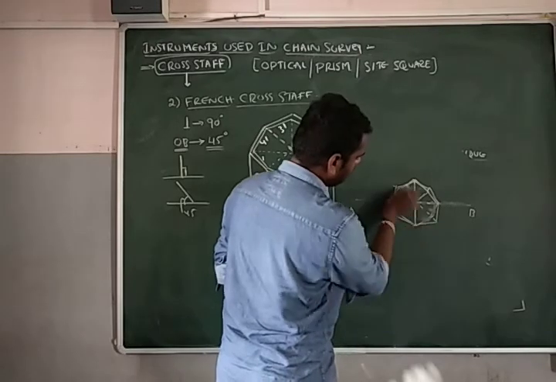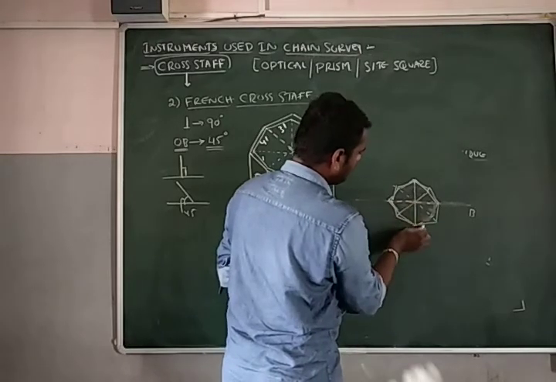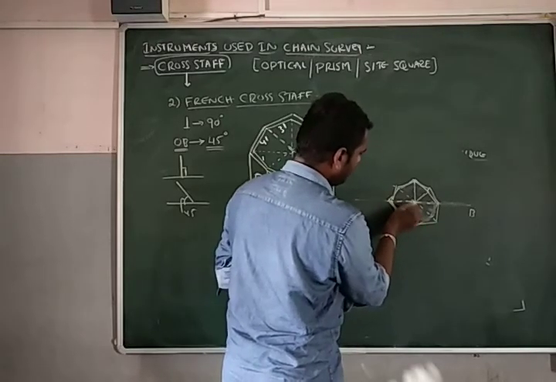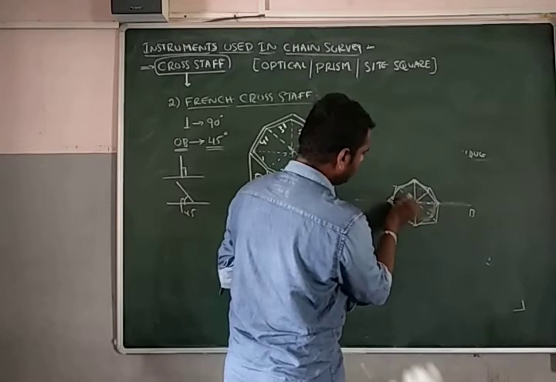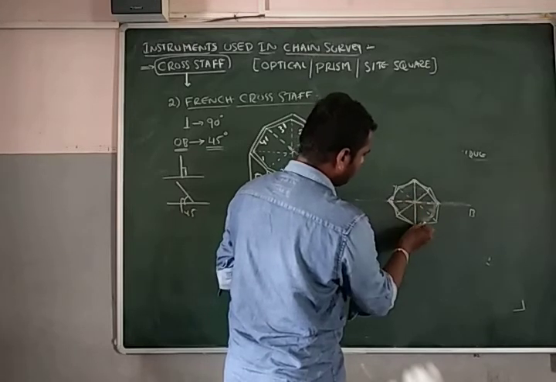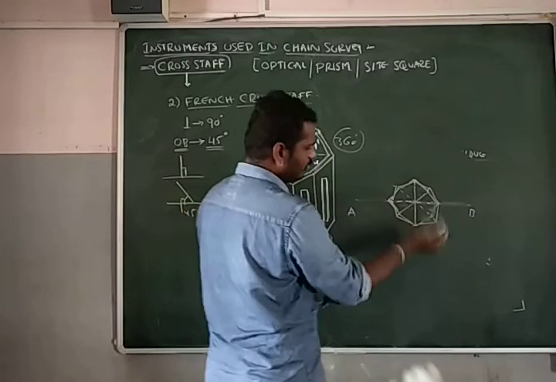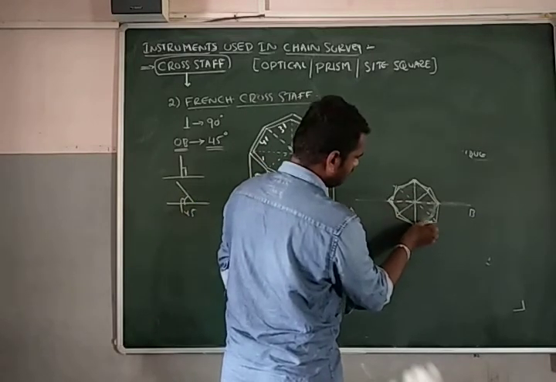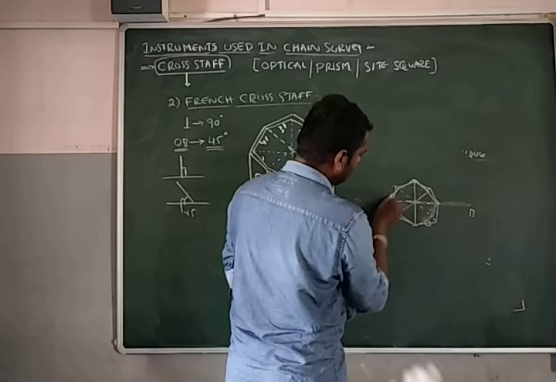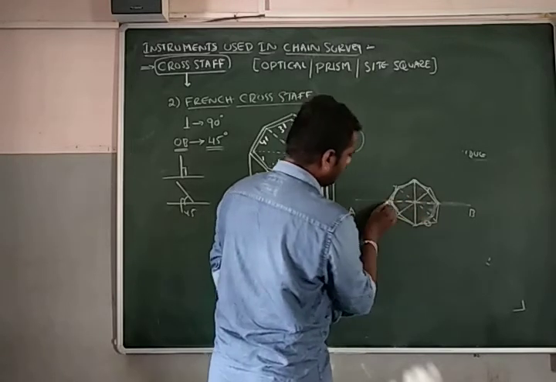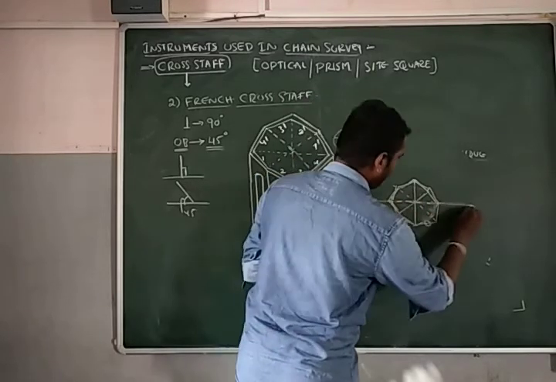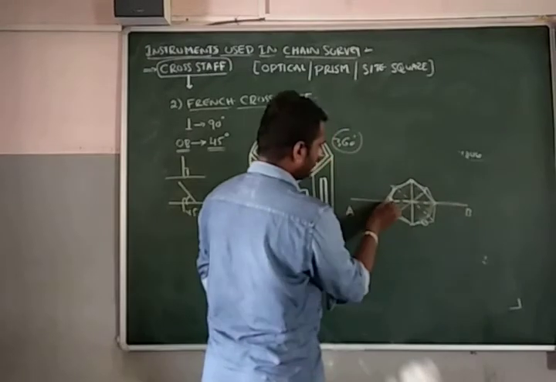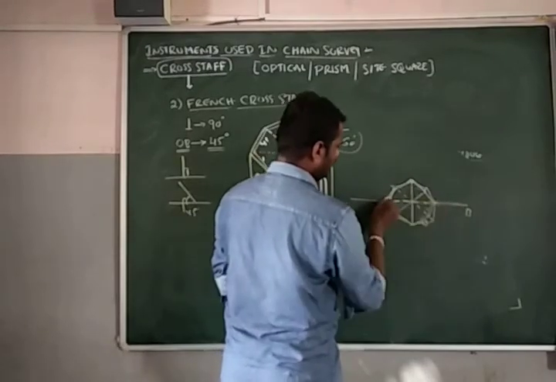So these two are perpendicular to each other. Therefore, whenever you want to erect a perpendicular, you can erect a perpendicular, but whenever you want to take 45 degrees, by observing from the seat over here, always keep the A, B line on the apex positions.